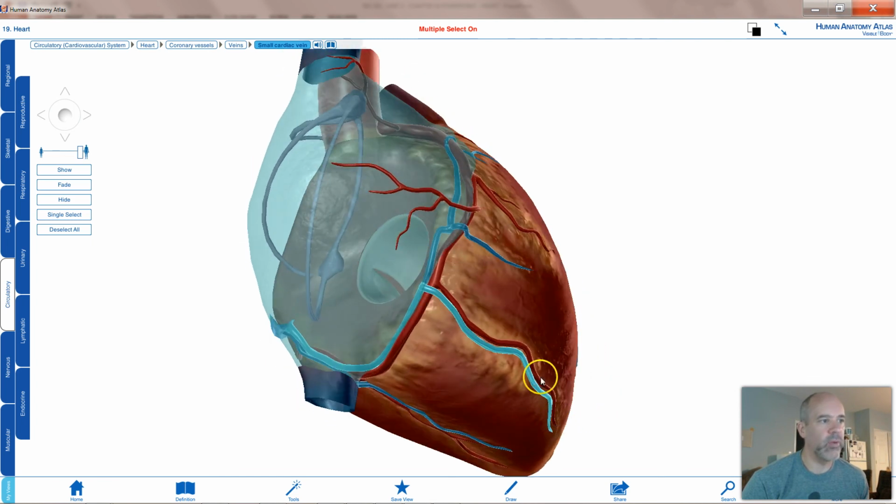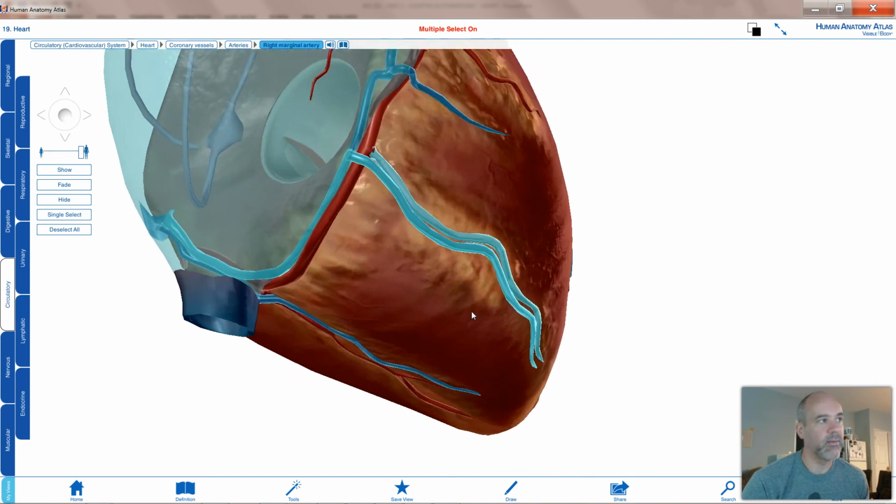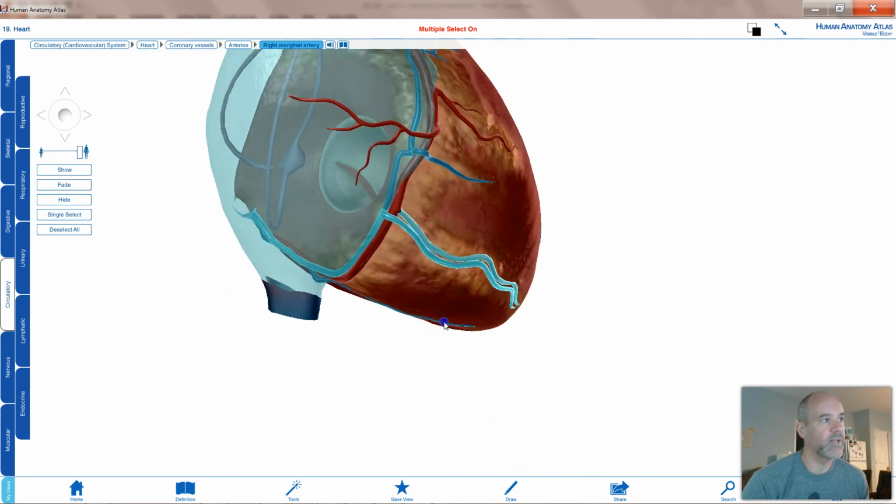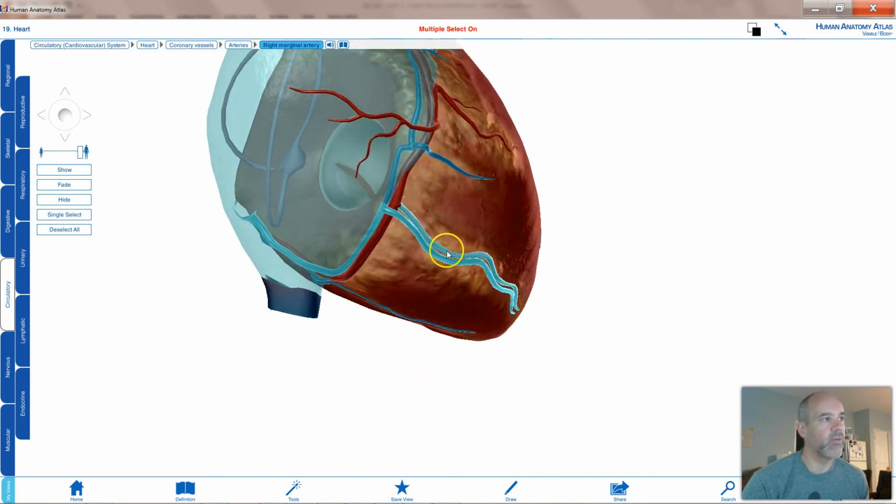This one as well is a larger vein that's carrying deoxygenated blood from a large portion of the right ventricle over here. This part of it is sitting next to the right marginal artery right there. So that's a good way to keep track of where a part of this vein is located.